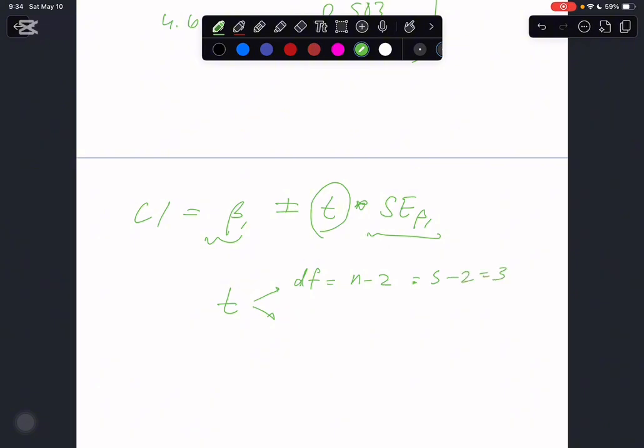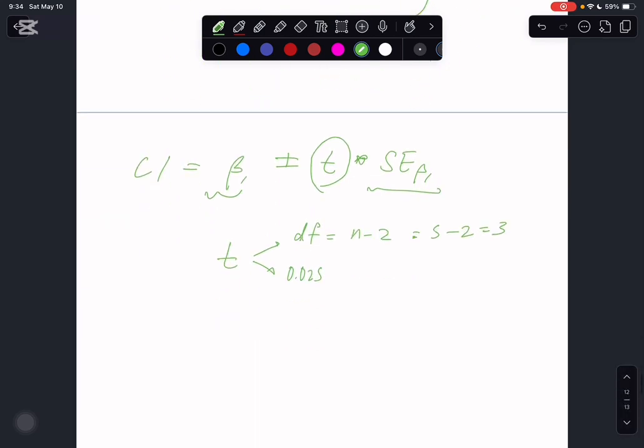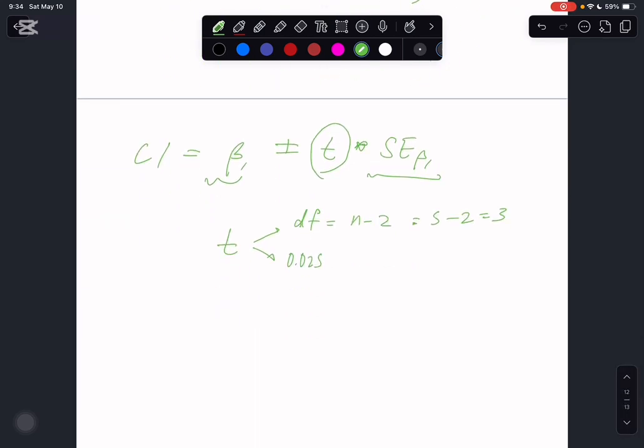And the significance level they told you is 0.025, because 0.05 is just to stick to the 95%. The question said 95%, which is 0.025, meaning we're assuming one tail, not two tails.